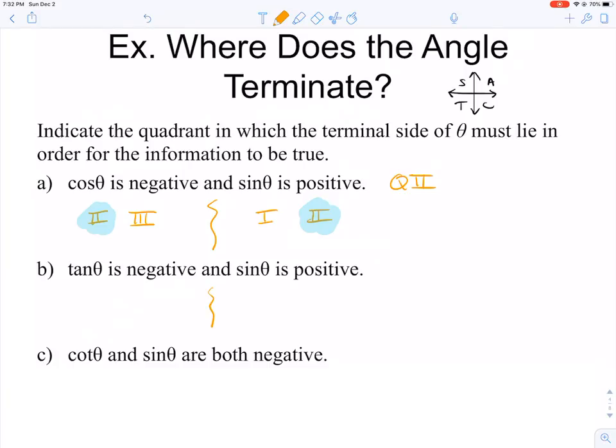Okay, so for the quadrant in which tangent is negative and sine is positive, tangent is negative in quadrant 2 and quadrant 4. Sine is positive, we already said, in quadrant 1 and quadrant 2. So the overlap again ends up being quadrant 2.